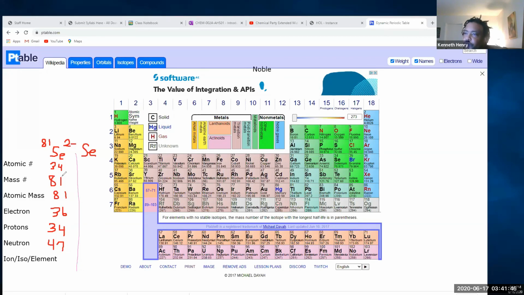Okay, so let's go ahead and do the element now. I have a question. At the bottom where it says ion, isotope, or element, what are we looking for to choose which one of those three it is?